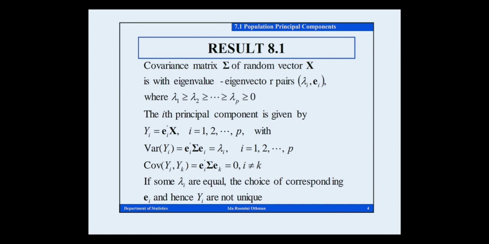Kalau we have two principal components, so you akan ada Y1 dengan Y2. So Y1 dengan Y2 ni, variance of Y1 will be actually the value of the first lambda 1 ataupun first of eigen value. Variance of Y2, which is the variance for the second principal component, will be the lambda 2.